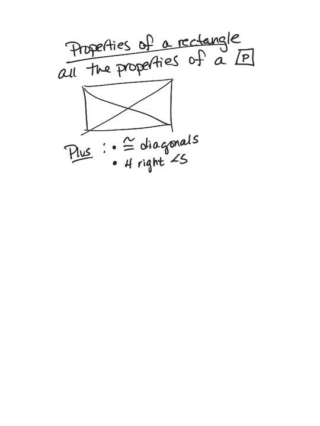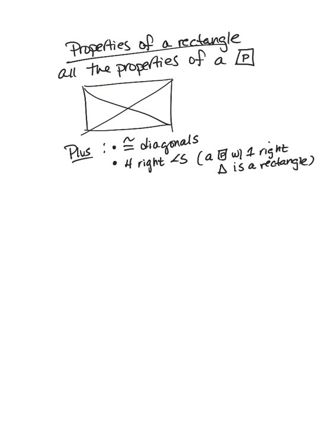You only need to prove that you have one. If you have a parallelogram with 1 right angle, it is a rectangle, no matter what.